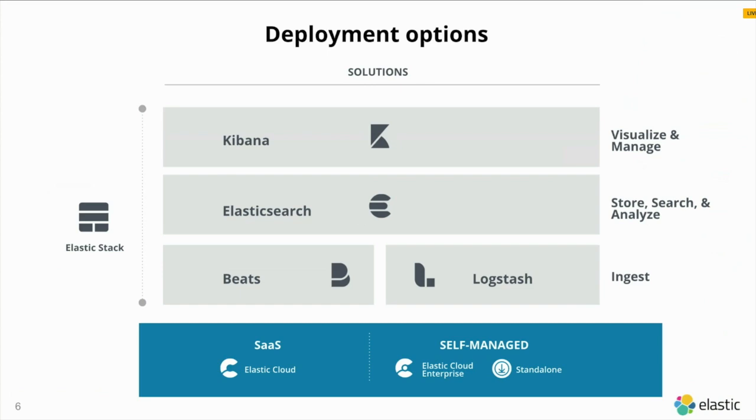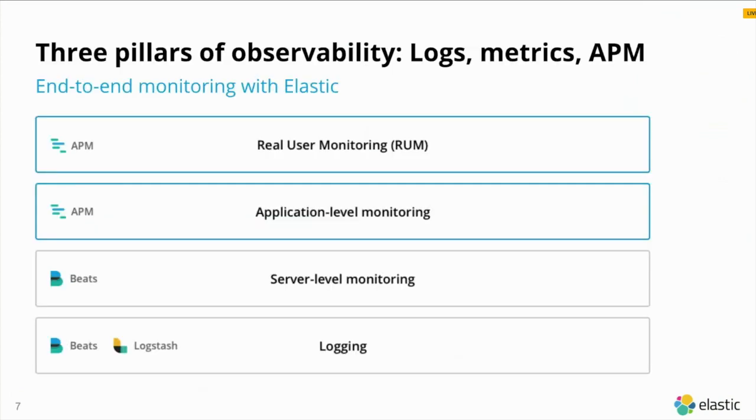All right, so with that out of the way, let's get into today's webinar and APM presentation. The main reason that Elastic is venturing into APM is to give you end-to-end monitoring with the Elastic Stack. As mentioned before, we already have logging with Filebeat and Logstash.